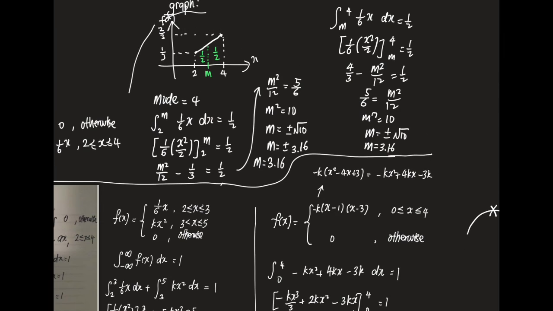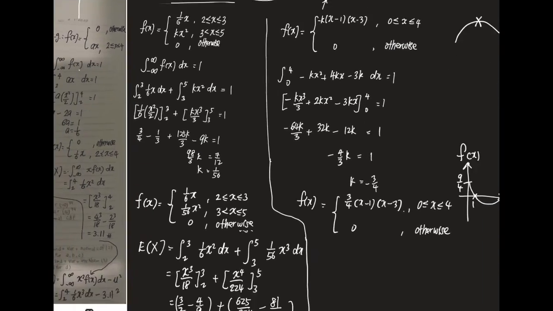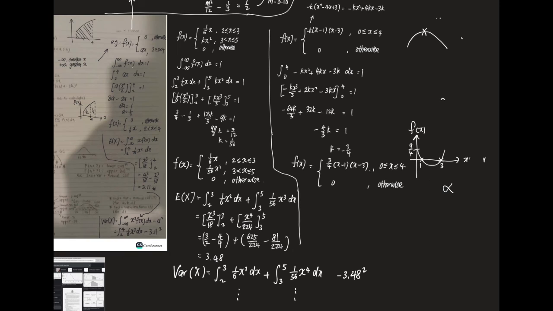But sometimes it will be harder. Let's say one more example. This one cannot use, this one is invalid. Okay, so this one can use. If there are two functions here, two rules, how to find mode, how to find median.